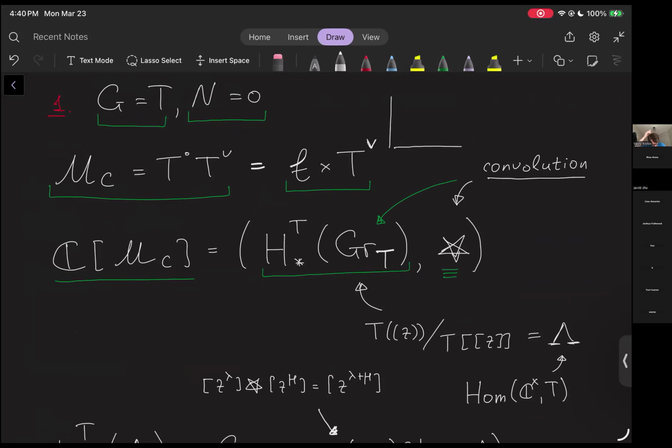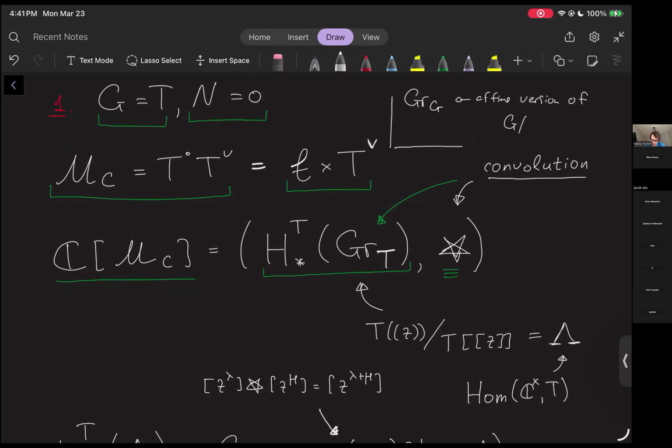one picture to have in mind, I think, is the following. The affine Grassmannian of a group G is some affine version of a flag variety.